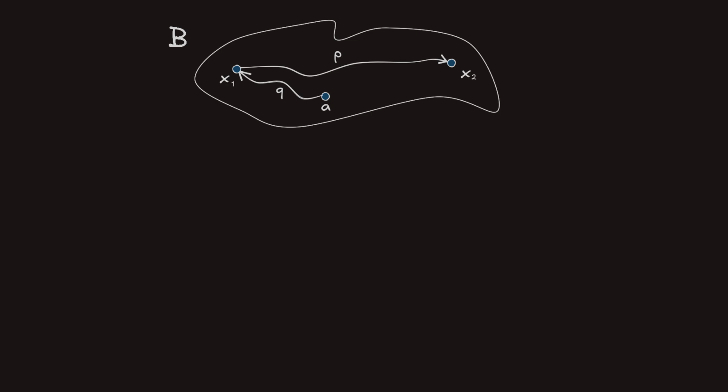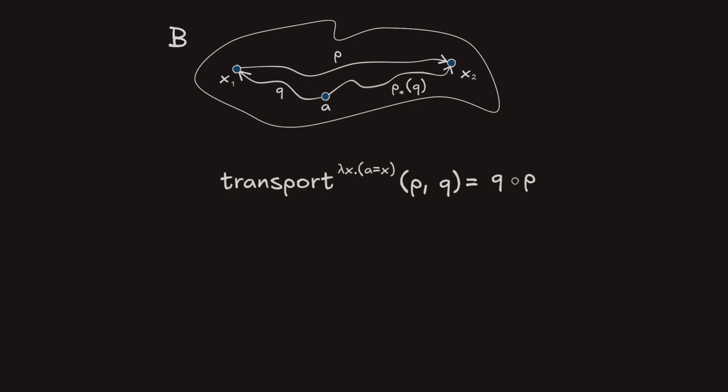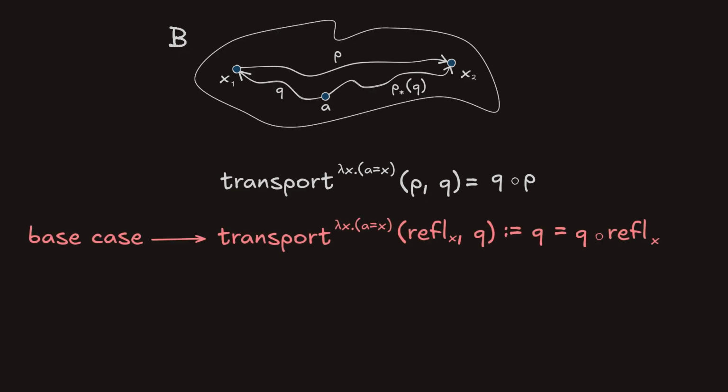We can then apply the transport function to move the path Q from A to x1 to the path P star of Q from A to x2. And yes, we can prove this using path induction.